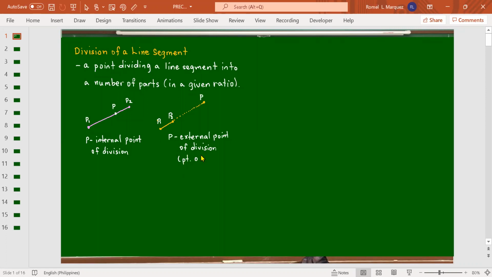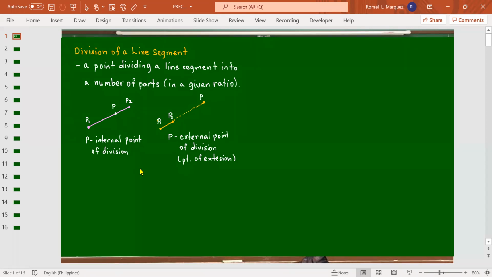Yes. Point of extension. So mathematically, we can talk of point of extension, which we are going to consider also as a point of division. But that is, again, the external point of division. And then the normal one, inside, is the internal point of division.